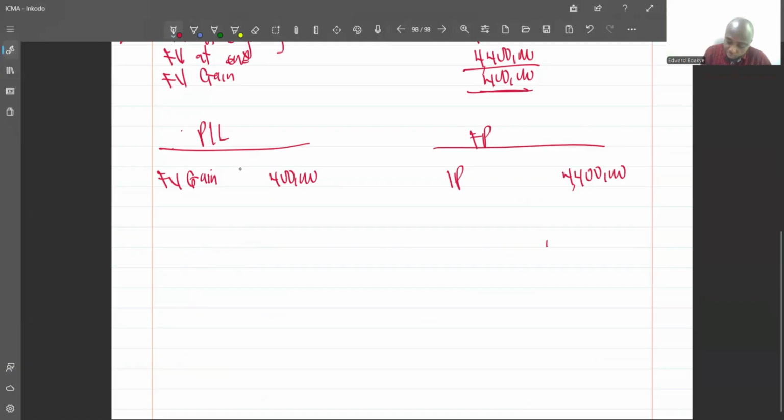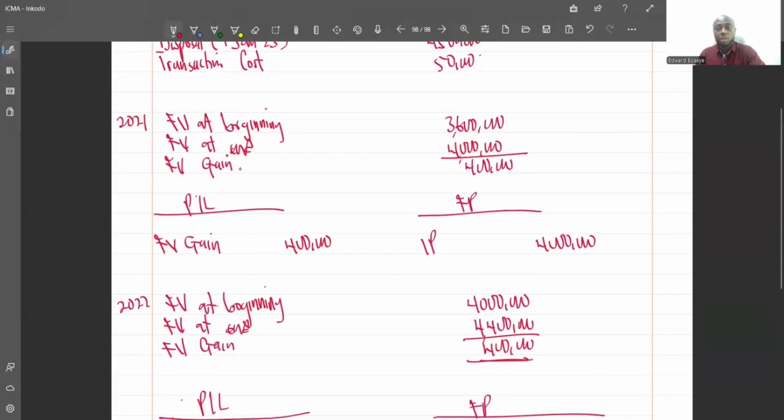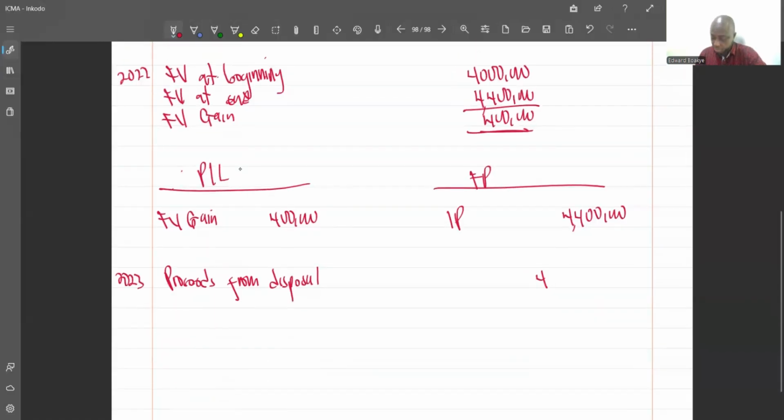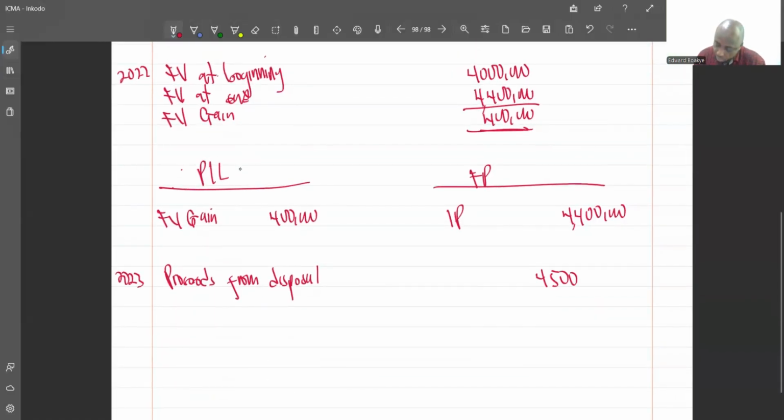So now let's find the disposal gain or loss. The proceeds from disposal in January 2023 was 4.5.